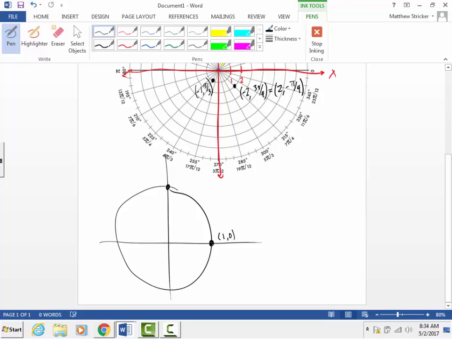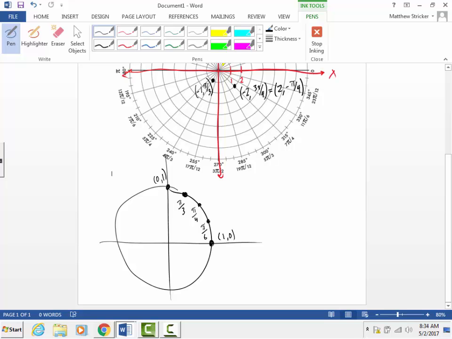This point here is 0, 1. And then I have 3 points in between. I have one at pi over 4, one at pi over 3, and one at pi over 6.